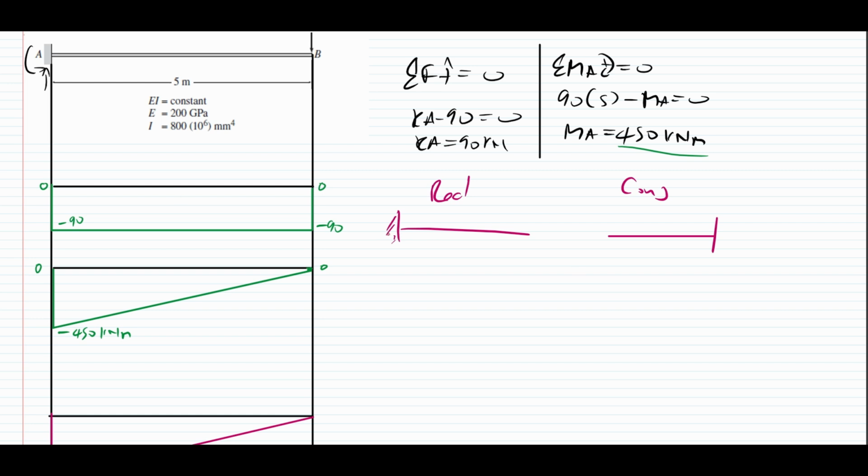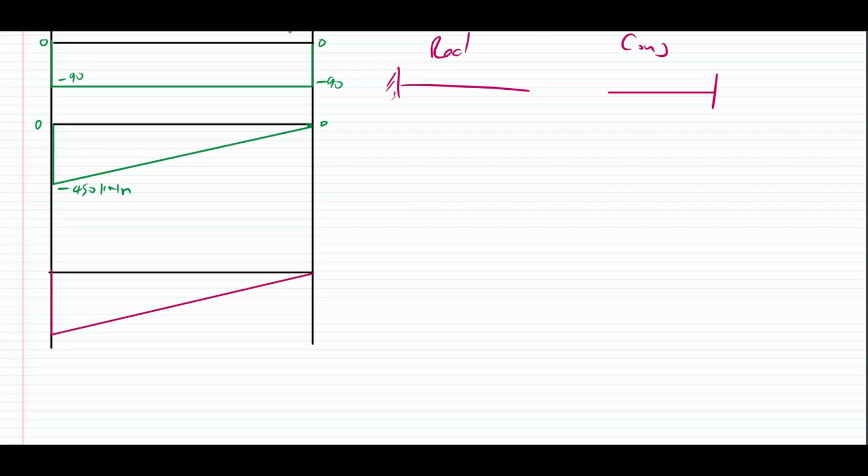The fixed end is going to be free, and the free end is going to be fixed. When you're given an end support, whether it's a roller or a pin support, they both change into a hinge in the conjugate.